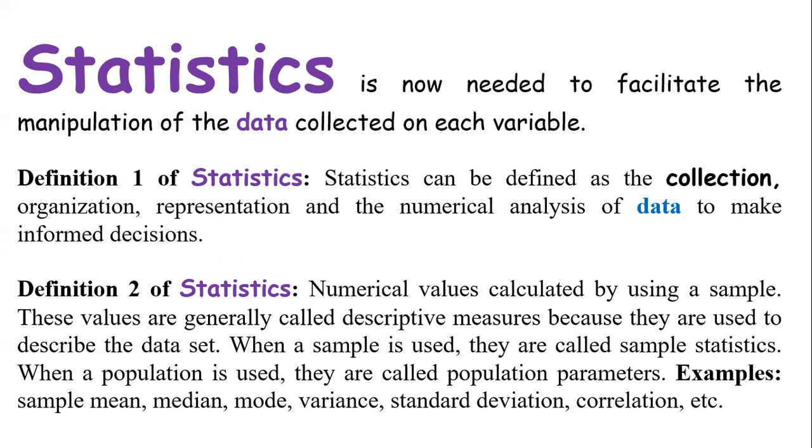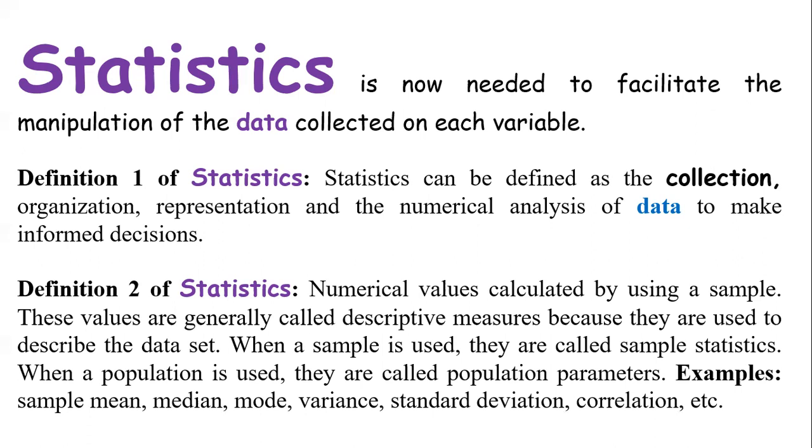Examples of sample statistics are the sample mean, the sample median, the sample mode, the sample variance, the sample standard deviation, the sample correlation. So these numbers calculated from the sample in turn are also called statistics. So statistics can be viewed as a process which starts from the collection of the data to make informed decisions. In the statistics process, you'll be doing numerical calculations on the data.